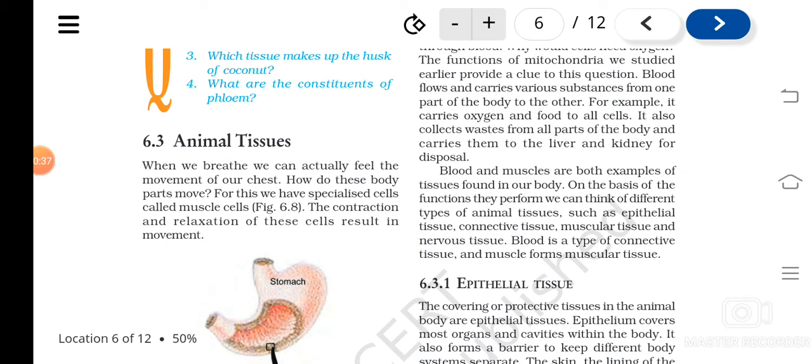I have already told you the tissues present in plants and animals are entirely different, isn't it? Due to what reasons? Plants are stationary, animals are mobile. Plants need to respond very less when compared to animals.